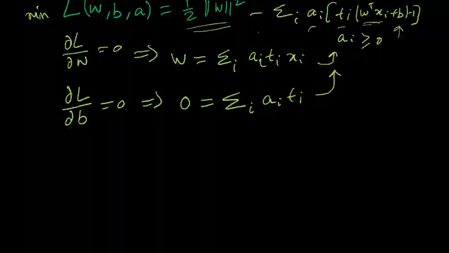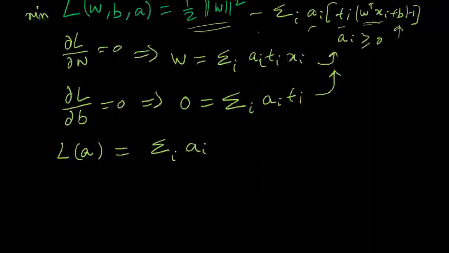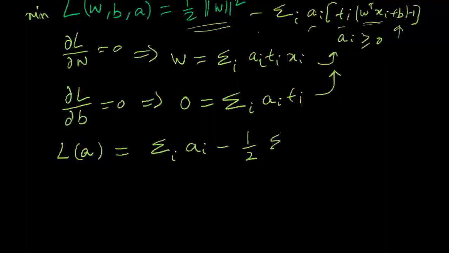Okay, so what we will get is the objective in terms of a, just in terms of a, and that will be the summation over i of ai once we plug that back in, and then we will get half of the sum over all i, and then the sum over all j. I'll tell you where the j is coming from.